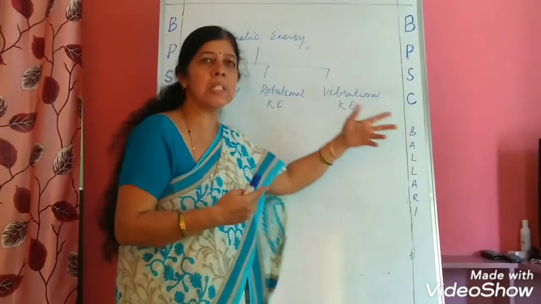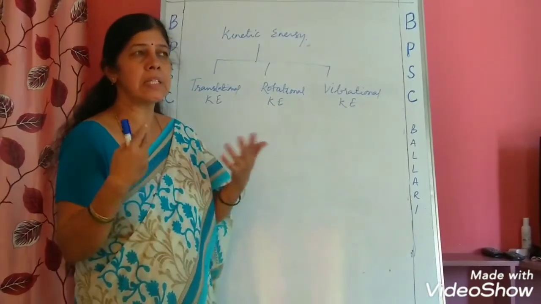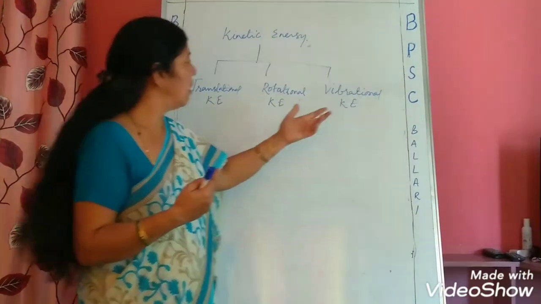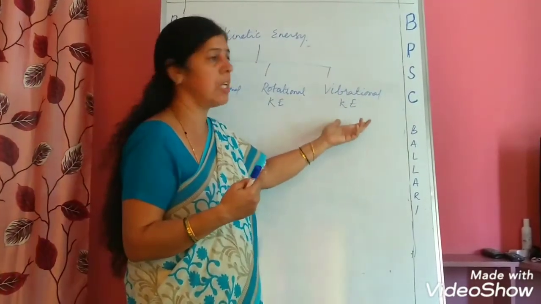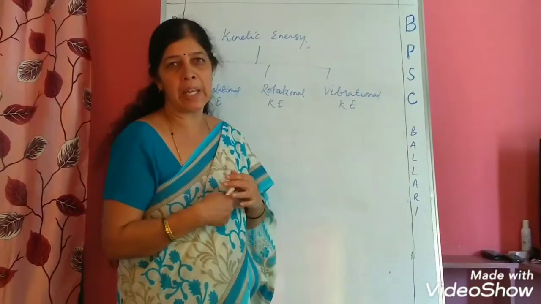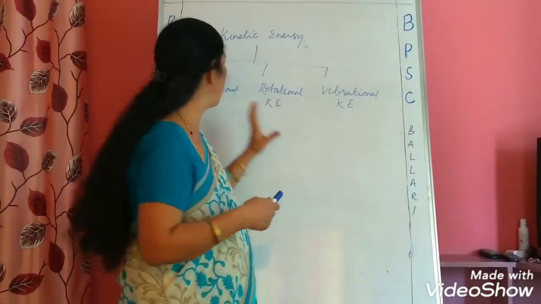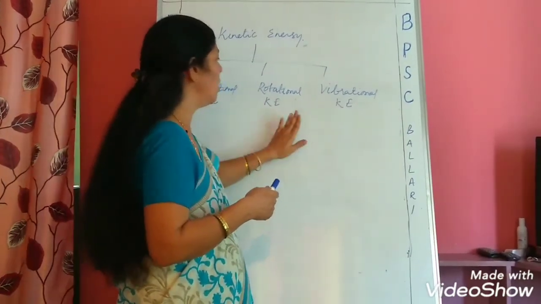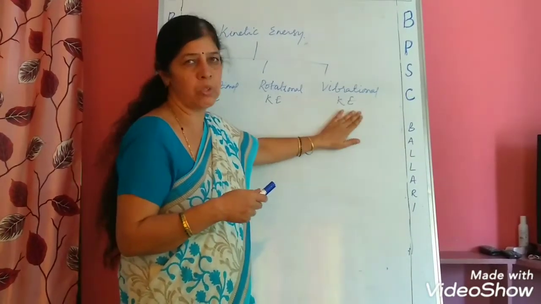Now if you take a string which is vibrated, then when the string is set to vibration, because of the vibration it will have some kinetic energy, and that is called vibrational kinetic energy. So you can mention different examples for translational, rotational, and vibrational kinetic energy.